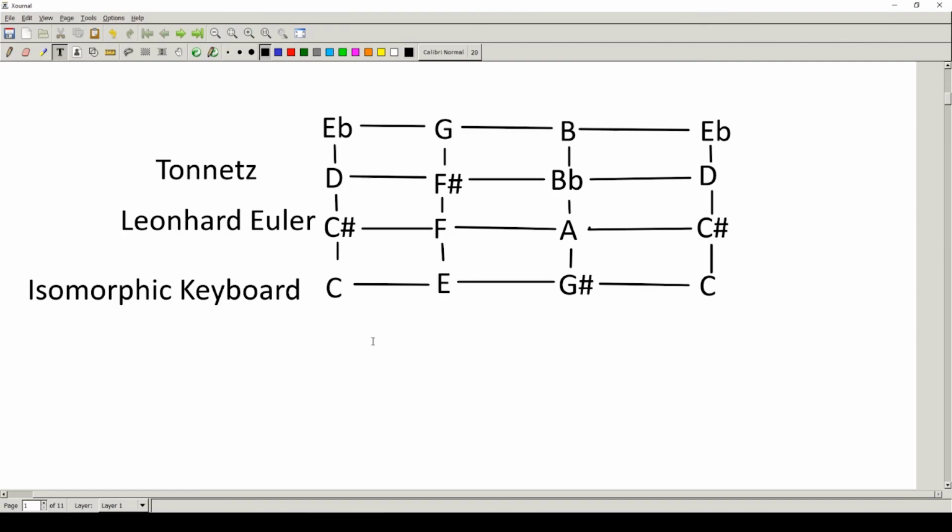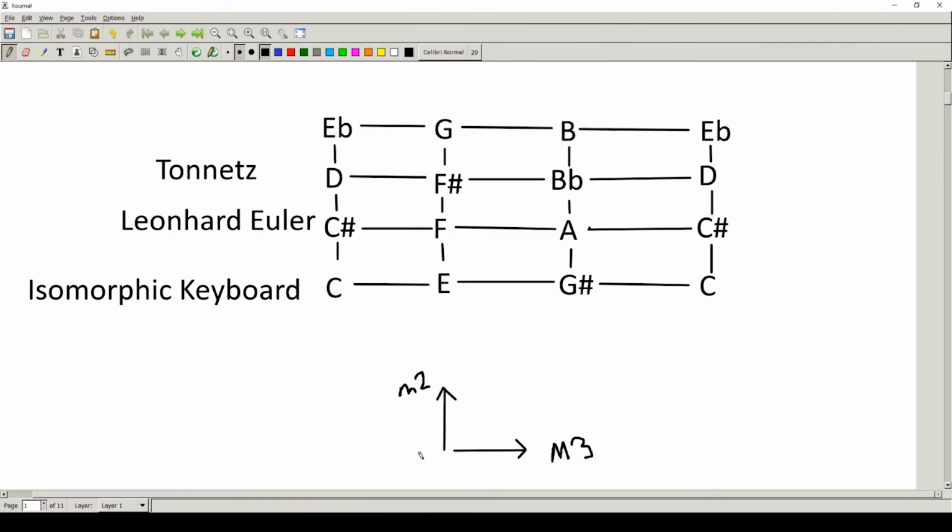The version of this that music theorists prefer to use chooses different axes. The way that I drew this, the two axes going up and going to the right, is a major third going to the right and a minor second going up.